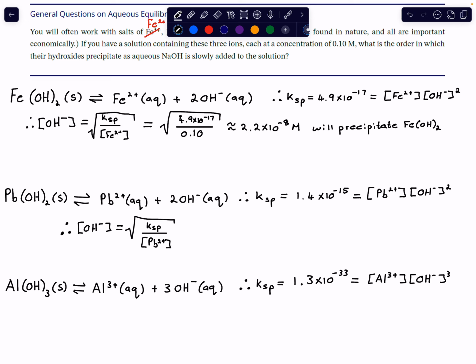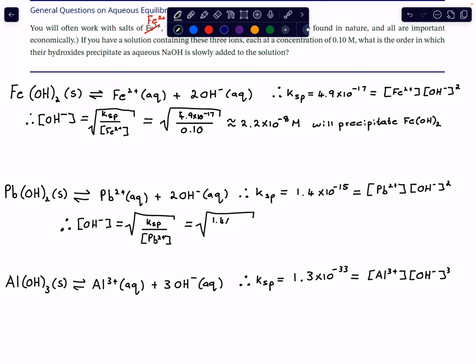So KSP of the lead ion, and the KSP here is 1.4 times 10 to the power negative 15 over 0.10, and if I round this, I get a value of 1.2 times 10 to the negative 7 molar, and once that concentration is reached, we will precipitate the lead hydroxide.